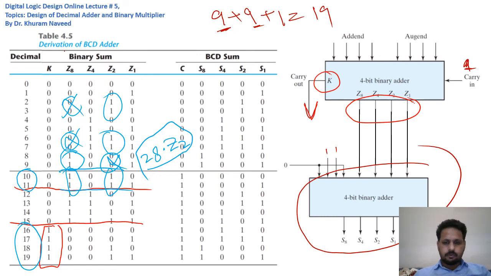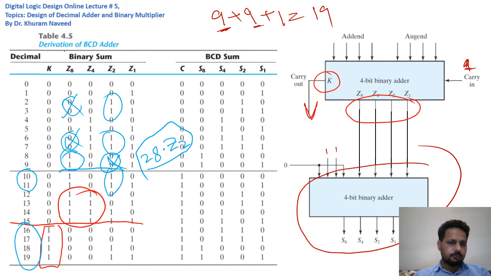So now just look at this. Here, for 12, 13, 14, and 15, these two bits are on, and this condition never arises in any other situation, right?